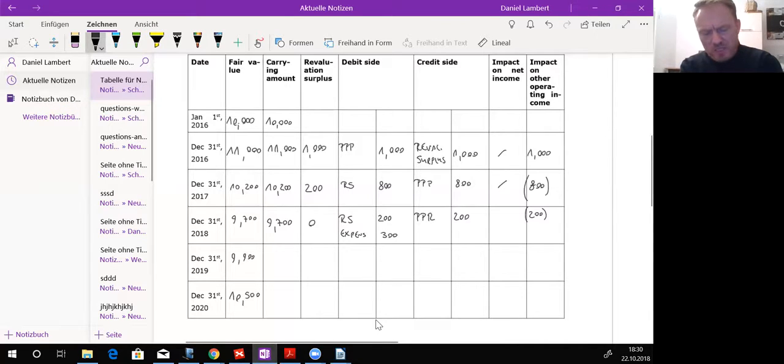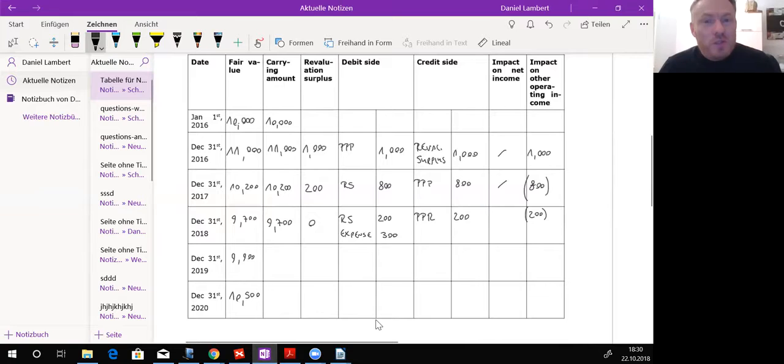And where do expenses rise? Expenses rise on the debit side, and they go down on the credit side. And revenues rise on the credit side, I'm sorry. Revenues rise on the credit side and go down on the debit side. So that's always important for you to see. Are we on the debit side or are we on the credit side?